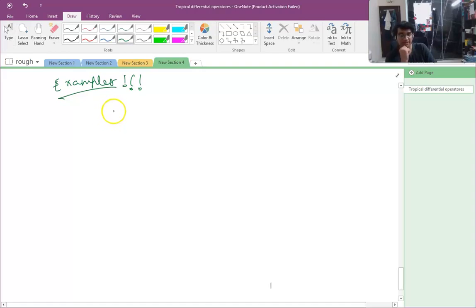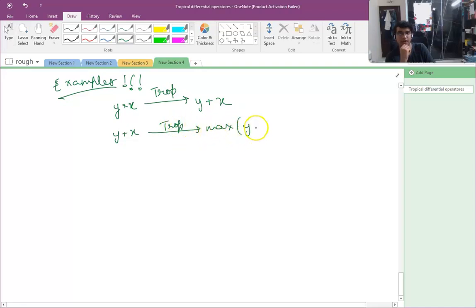So what it does is it takes multiplication to addition, right? So y times x goes to y plus x. Okay, this is what tropicalization does. Similarly, y plus x under tropicalization takes you to the maximum of y comma x. I'm going to keep throwing more examples. If I take y squared under tropicalization, it's going to take me to y plus y, which is equal to 2y.